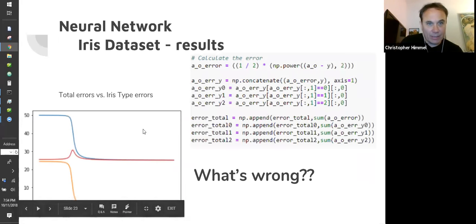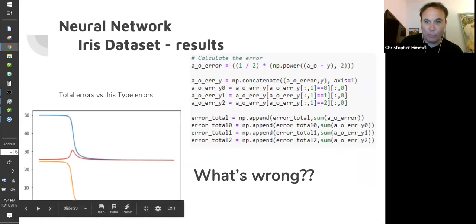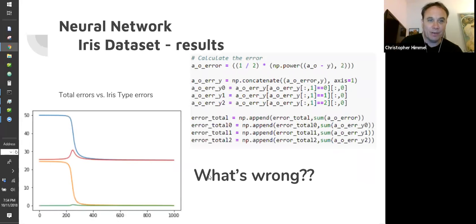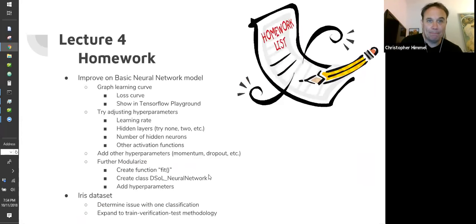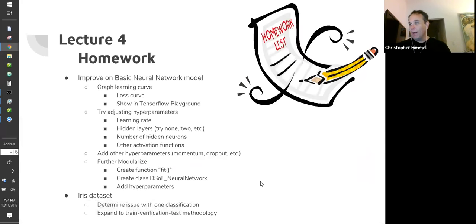Okay, so here's some of the stuff we talked about before. And the question is, what's wrong? Why am I so far off on that one type 2 flower? You'll notice that's part of the homework down at the bottom.